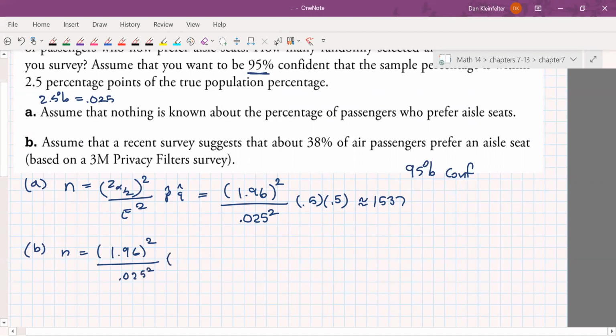The only piece that is going to change is that now we're going to use 0.38 for our P hat. And so then our Q hat will be 0.62, which is 1 minus the 0.38. So let's calculate.